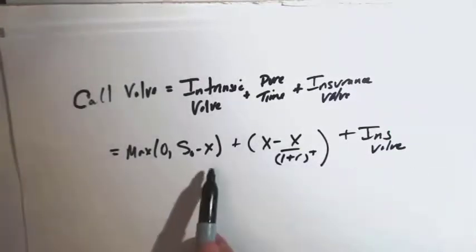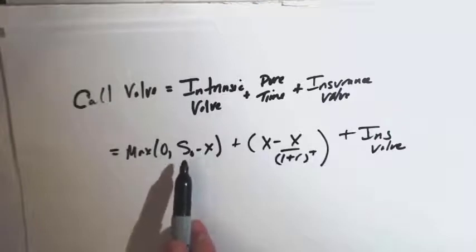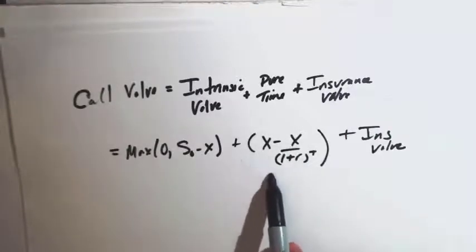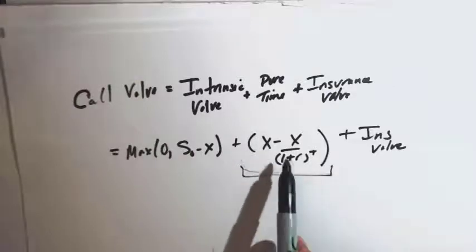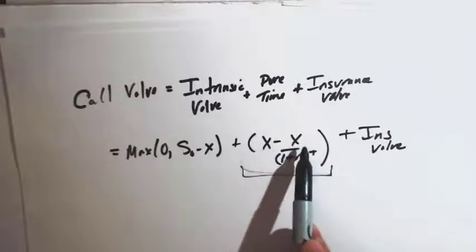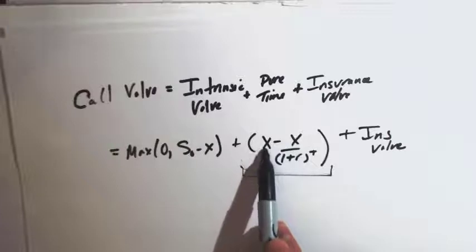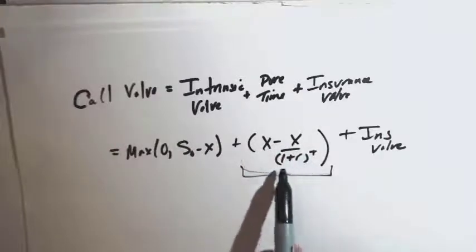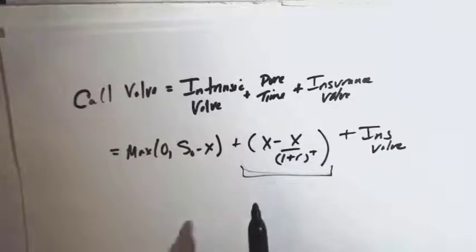Okay, so here's the intrinsic value that we've been looking at. I moved the present value component, that discounting, over into this component. The difference between these two components, the strike and the present value of the strike, is what I'm calling the pure time value component of an option.